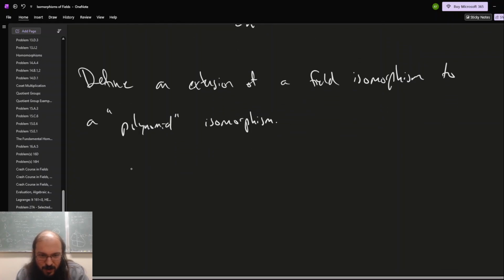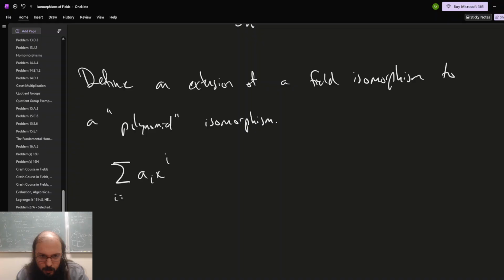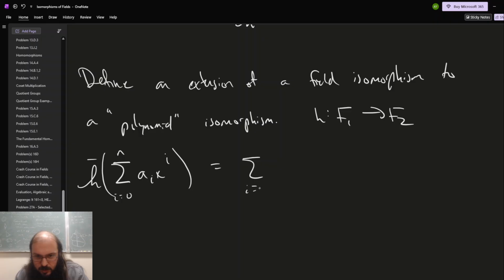What this means is if I have a polynomial, the sum of a_i x to the i, right? This is a polynomial. And let's say H is an isomorphism F1 to F2. Then I will define H bar of such a polynomial to be the sum, now with H of a_i, x to the i.